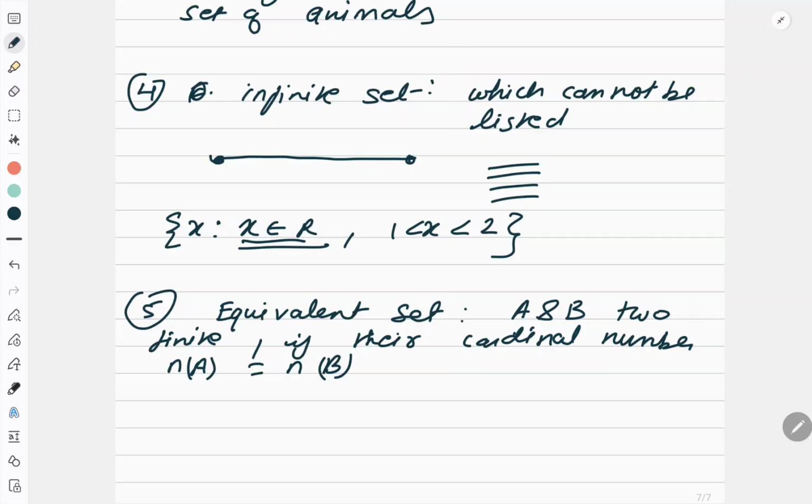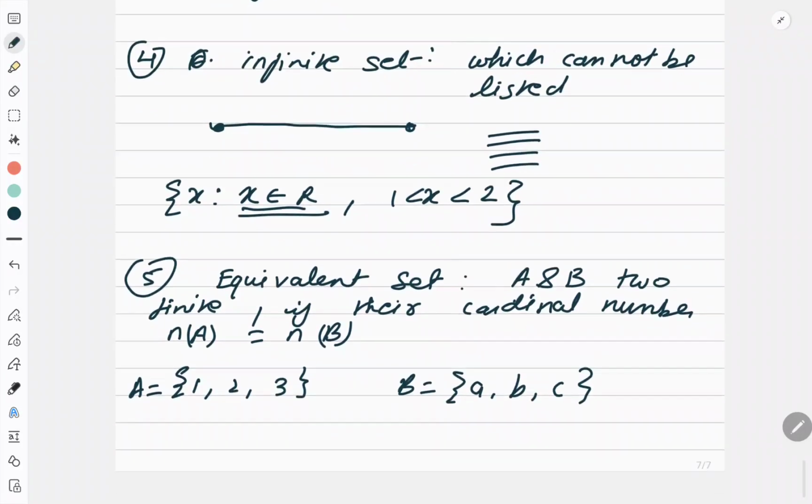I am only talking about the count. For example, if set A is {1, 2, 3} and set B is {a, b, c}, then these two sets are equivalent sets.